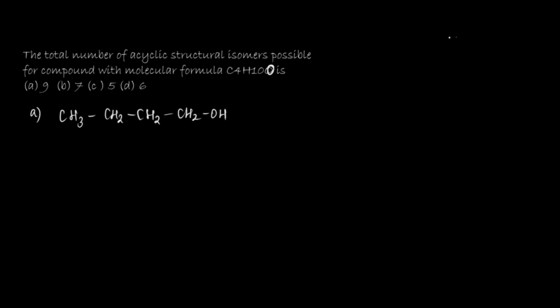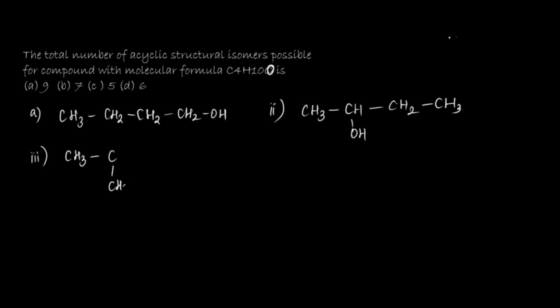So number of carbons are 4, number of hydrogens becomes 7, 7 plus 3, 10. And the second way of writing it, you can put the functional group in second position, CH2, CH3. The third way, it's giving the substituent at a different position.